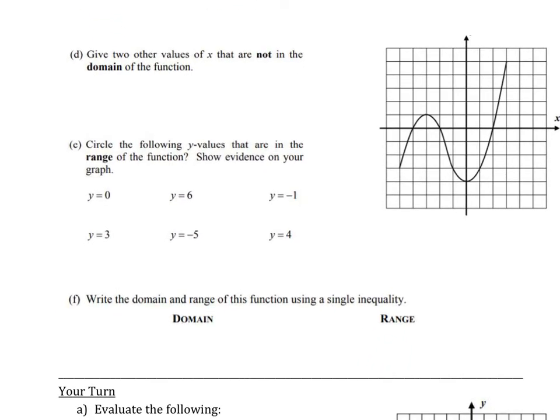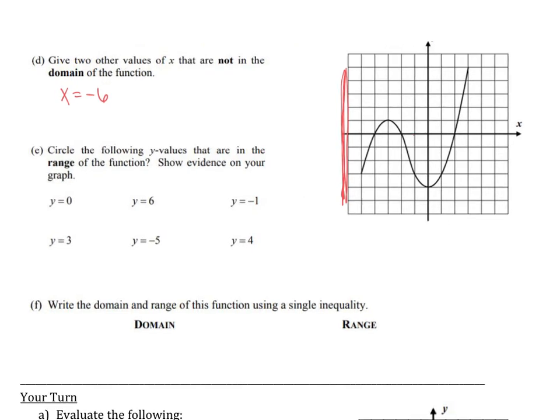We're using the same graph here and just answering a couple more questions. It says, give 2 other values of x that are not in the domain. So we want ones that are not in the domain. So maybe back here, right? If I do this x value, that would not be in the domain. So what is that at? 1, 2, 3, 4, 5, 6. So x equals -6 would not be in the domain.